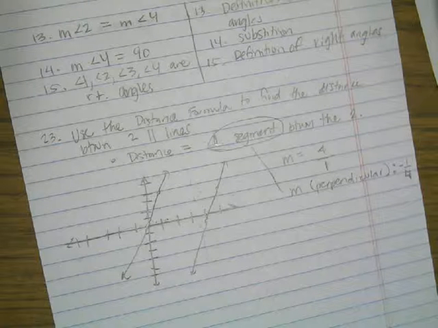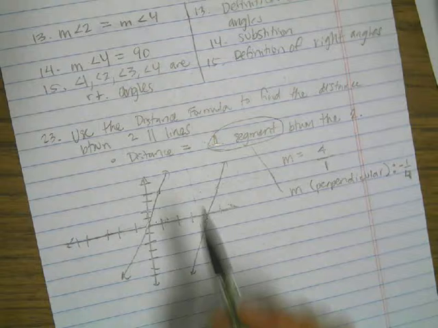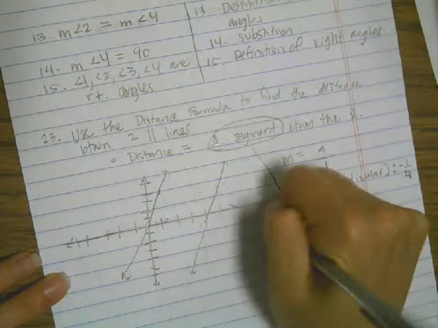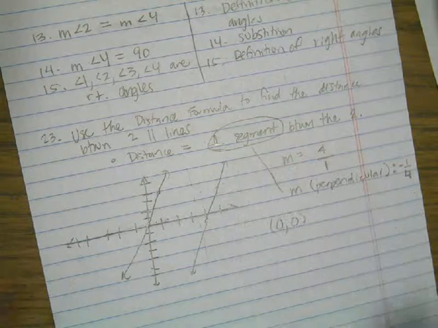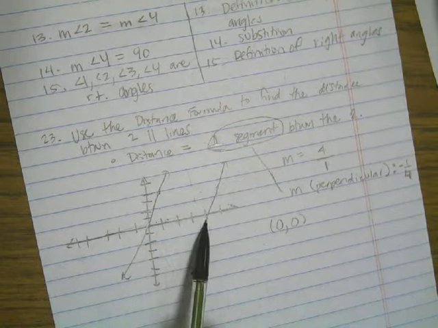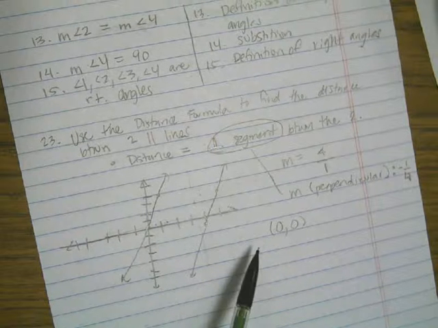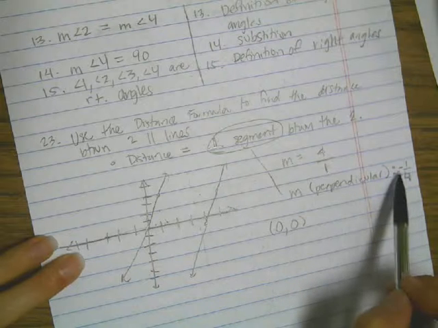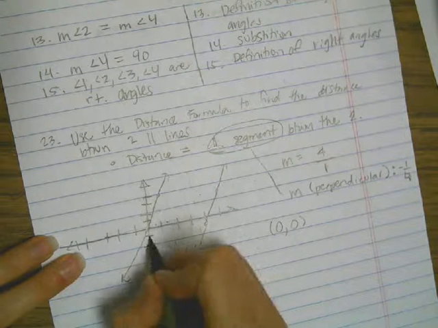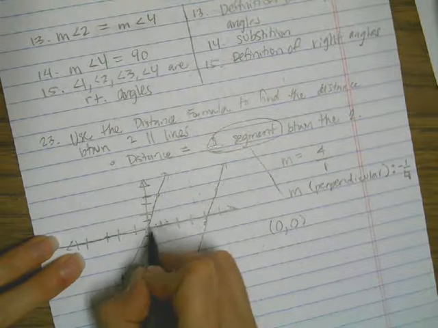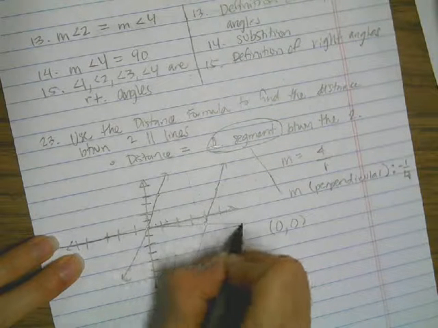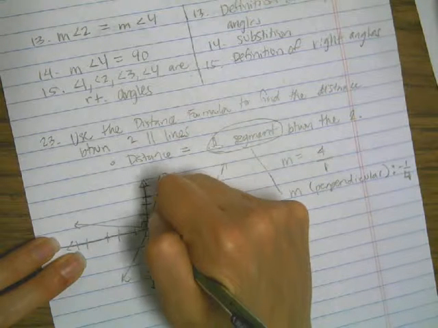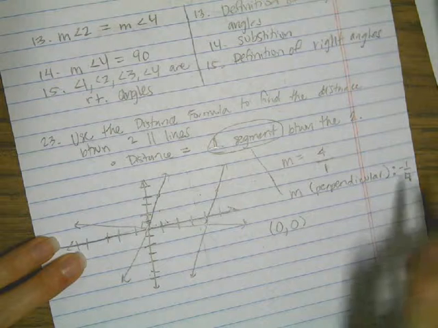So, what we're going to do is start from one of the points, and I'm just going to pick 0, 0. And I'm going to find the point over there, on the perpendicular line that I'm going to draw. So I go down 1 over 1, 2, 3, 4, because I use this, and then I use the perpendicular slope.